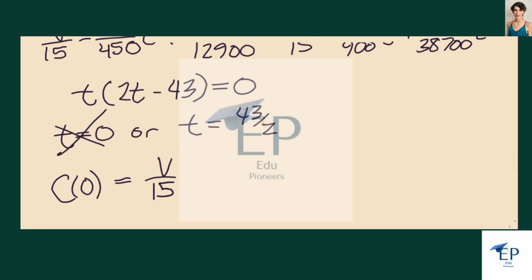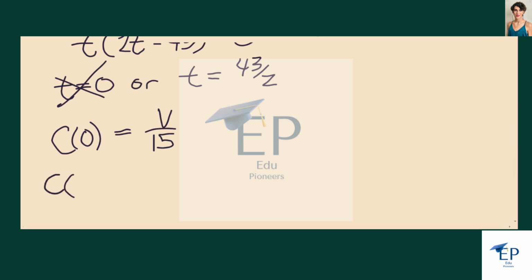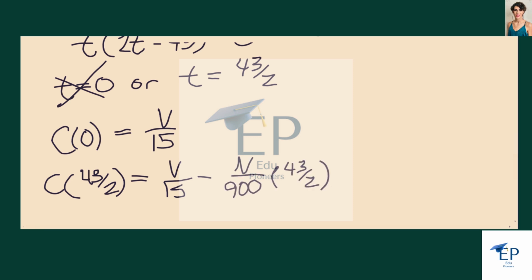On the other hand, plugging in 43 halves, c of 43 halves is v over 15 minus v over 900 times 43 halves plus v over 38,700 times 43 halves squared.